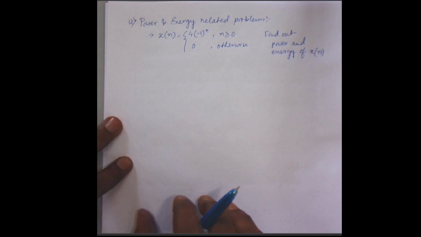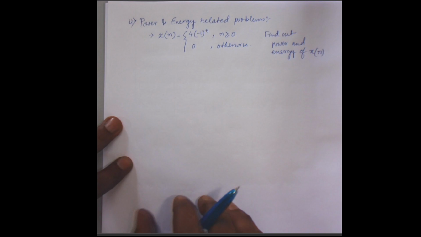Okay. So as you already learned, the energy equation of a signal is the summation n equal to 0 to infinity of mod x of n whole square. This is the energy. And what about the power?